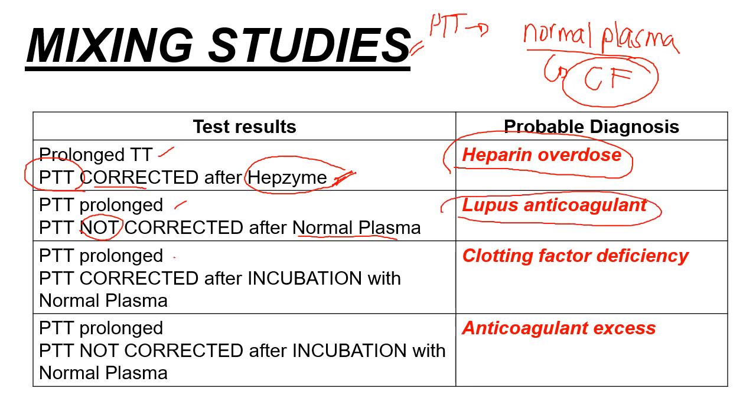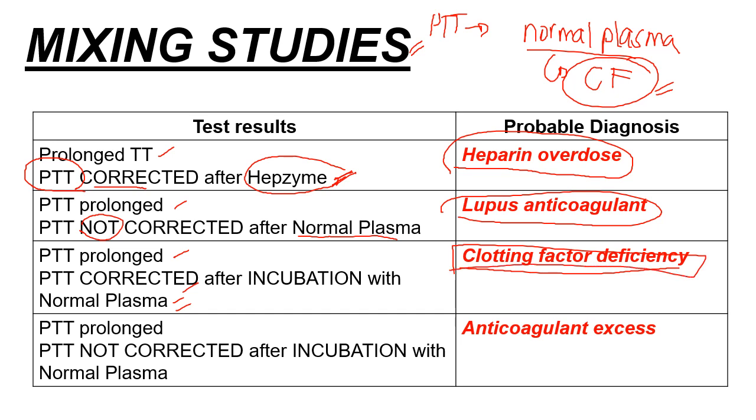Next, PTT is prolonged. PTT is corrected after incubation of normal plasma. Ibig sabihin, meron tayong clotting factor deficiency kasi nga the normal plasma contains all clotting factors. Kapag minix mo yan with the blood specimen at na-correct, ibig sabihin may clotting factor deficiency nga. Okay?